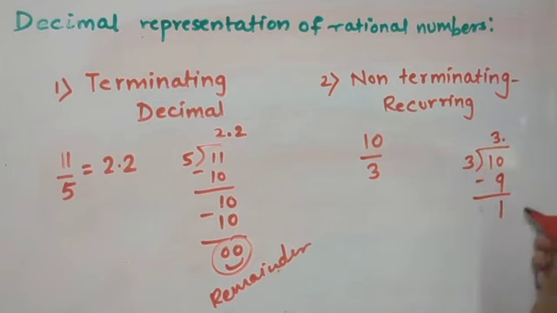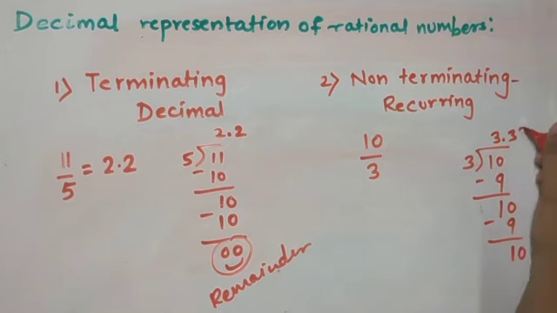We will take the decimal here, 0 here. 3 3s are 9. 10 minus 9, 1. Again 0. 3 3s are 9. 10 minus 9, 1.